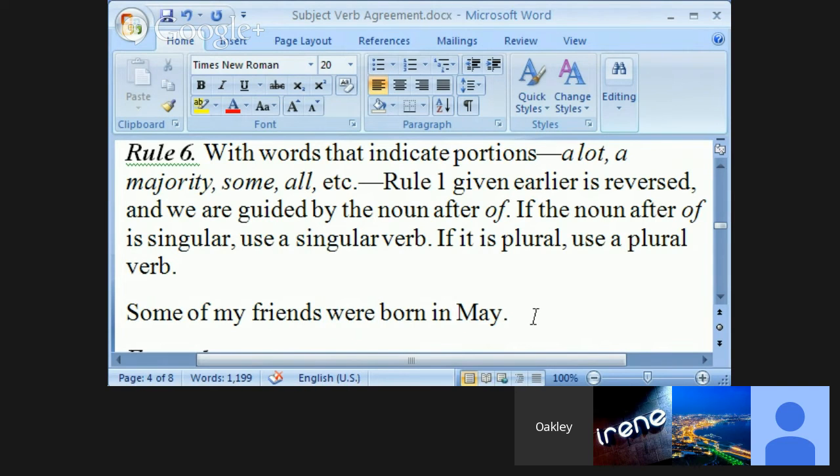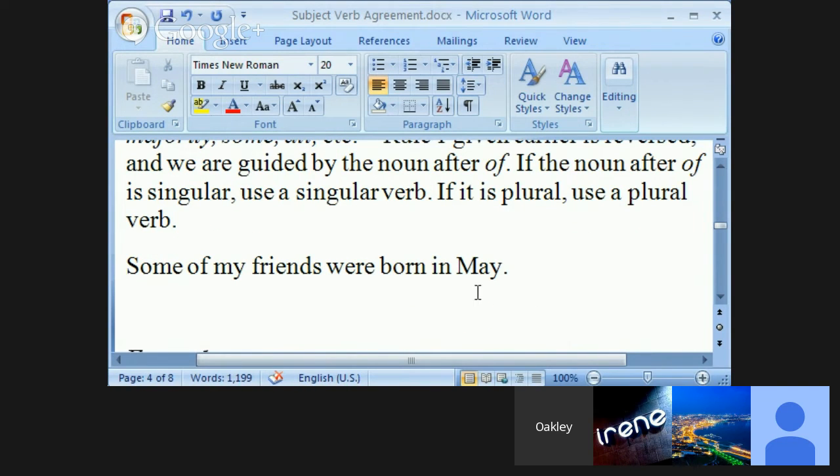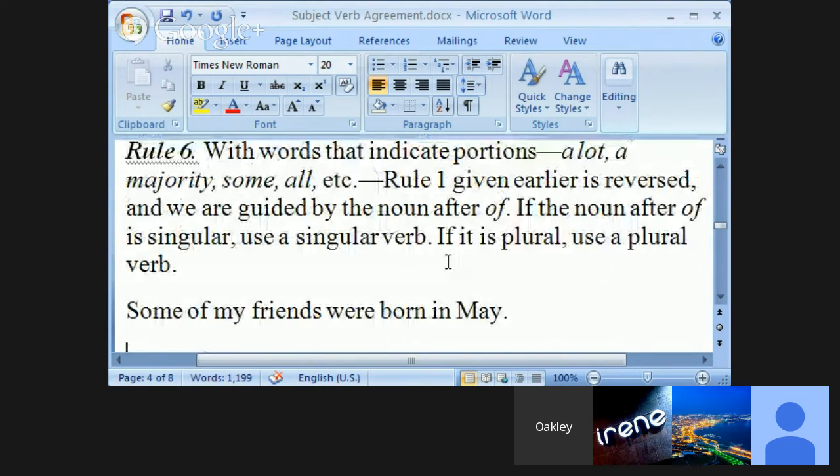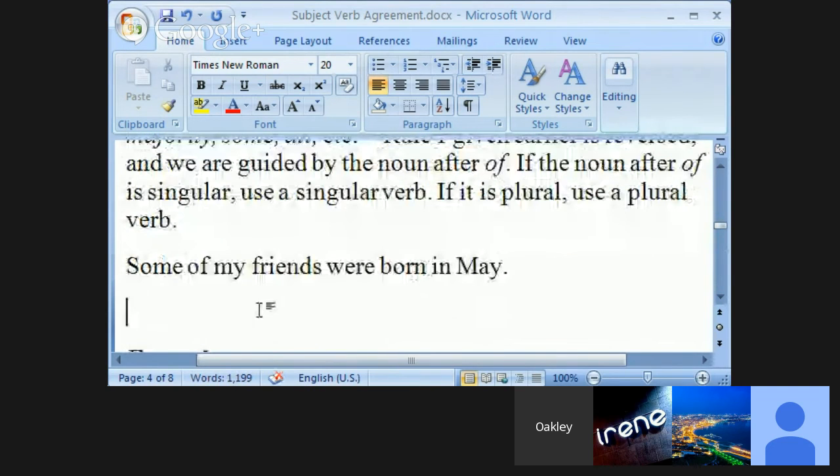Okay, good job, Irene. Okay, Carvalho, can I have you try making a sentence with a lot? Okay, teacher.